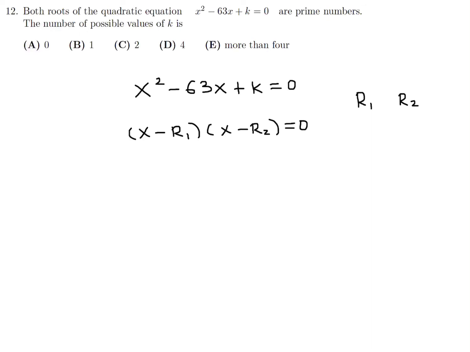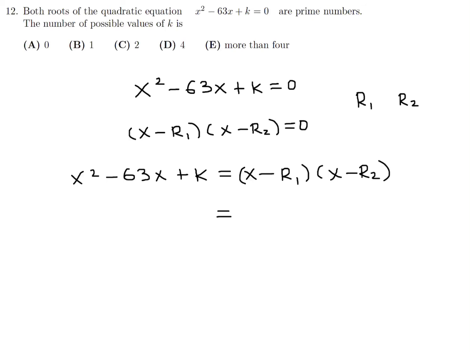Well, we can set these equal to each other. x squared minus 63x plus k is equal to x minus R1 times x minus R2, like that. The left side we'll leave alone for now, and I'll expand the right side. So we have x squared minus R2x minus xR1 plus R1R2.